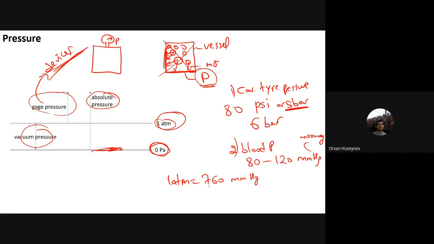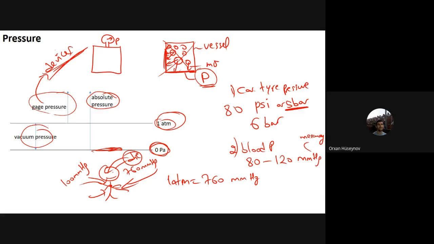But your blood pressure is between 80 and 120. So it means that there is a problem, because if this is the pressure inside somebody's body, say 100 millimeters Hg, but the environment is 760 millimeters Hg, there is lots of pressure on it, and this person will die. Therefore, there is some problem.